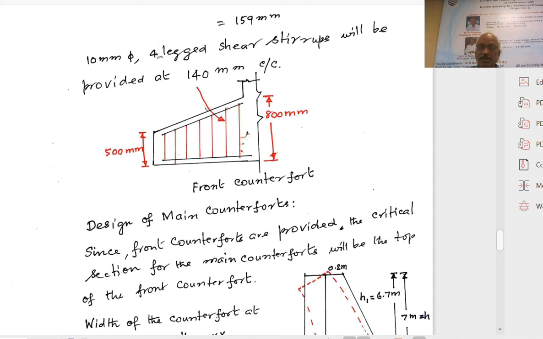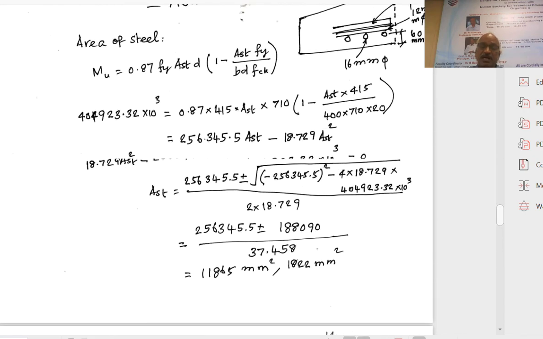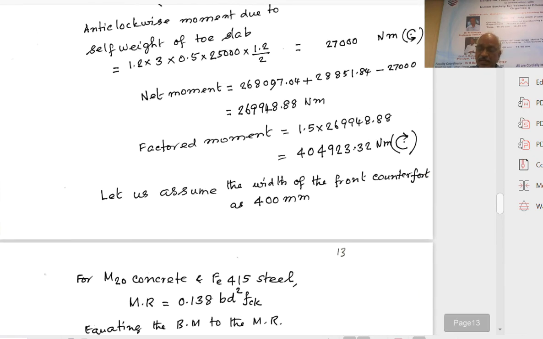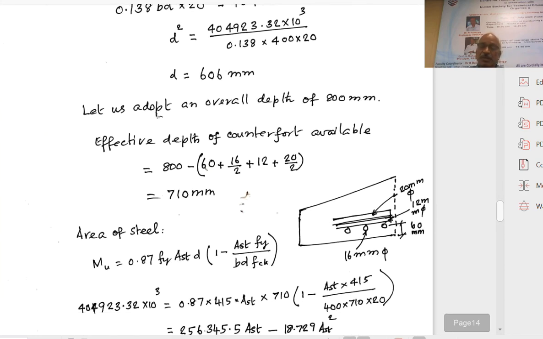That is not shown here. When all these things are assembled, you will get a complete idea. When you see the cross section, you will have this problem also: main diameter, main bar, distributors, main reinforcement for that front counterfort. You will have a number of layers that requires understanding.